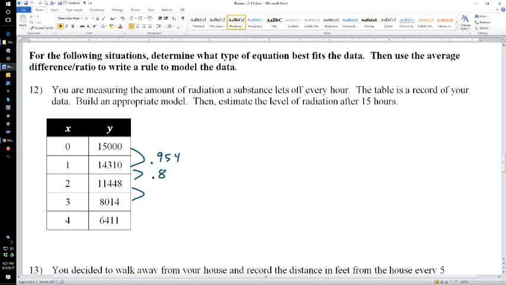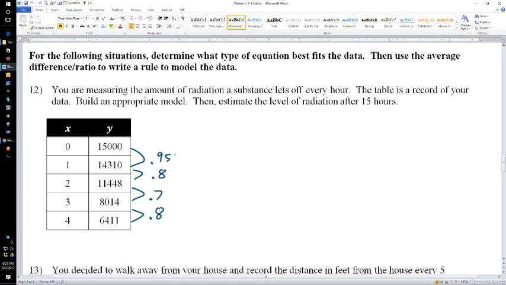Okay, really close to 0.95. 8014 divided by 11,448, you get 0.7. And then last but not least, 6411 divided by 8014, you get 0.7999999, which is essentially 0.8.